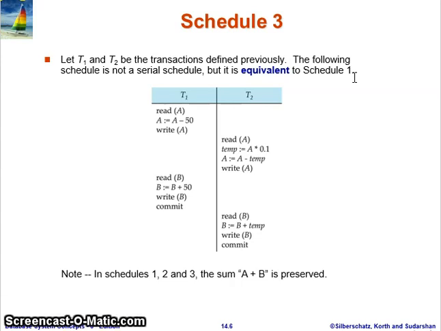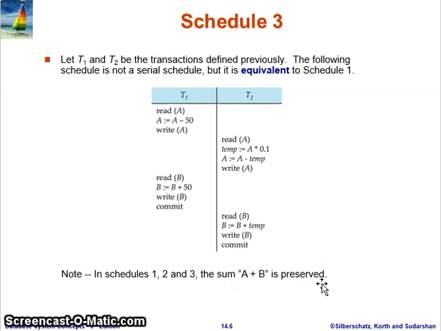Equivalent because the consistency in schedule 1 is also preserved in schedule 3. If two schedules maintain the consistency of the database, we can call them equivalent schedules. Here in schedules 1, 2 and 3, the sum of A and B is preserved.